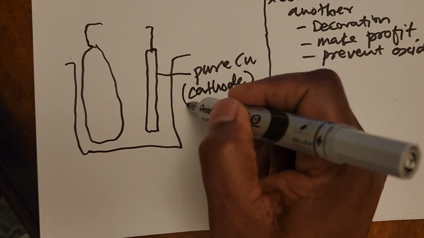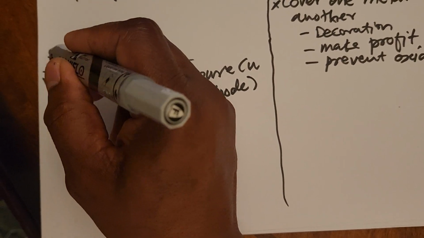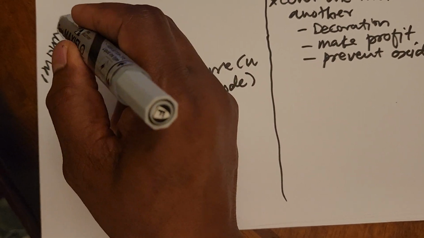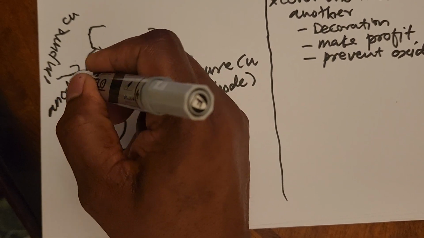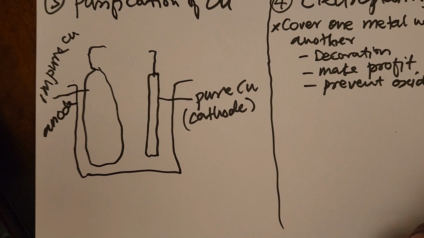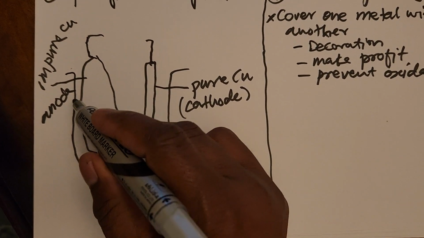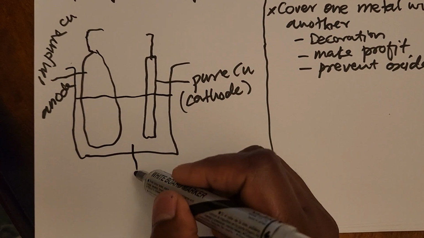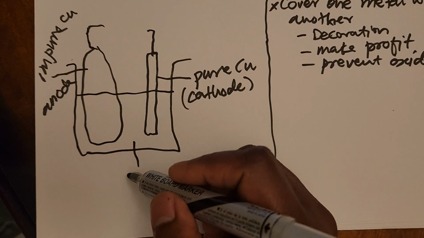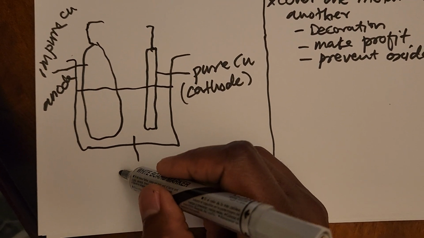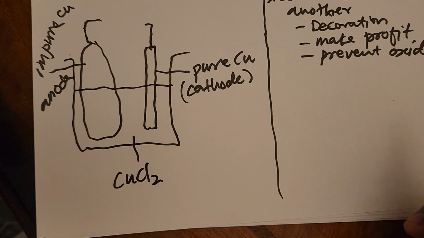That's the cathode. And then the other one is impure copper. That's where oxidation will be taking place. Therefore, this side is the anode side. The electrolyte is needed. We are going to use any copper electrolyte. In this case, we can use copper chloride or copper nitrate.